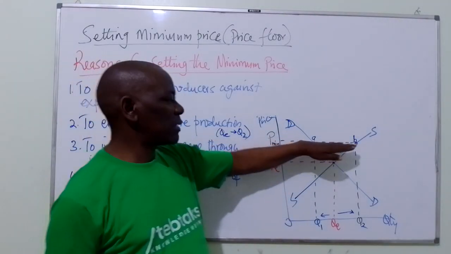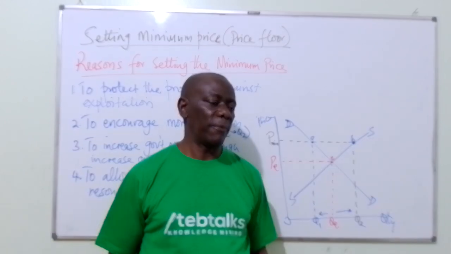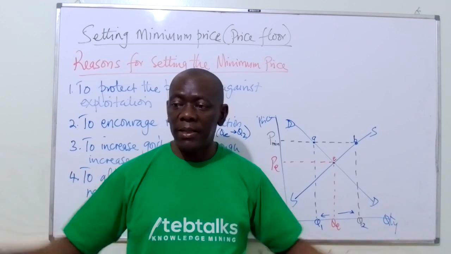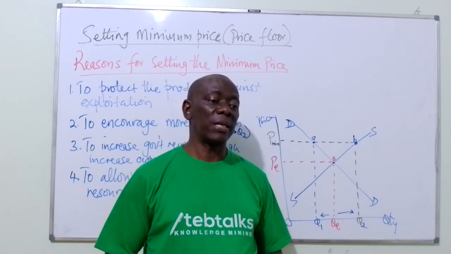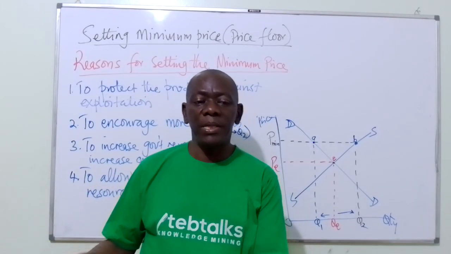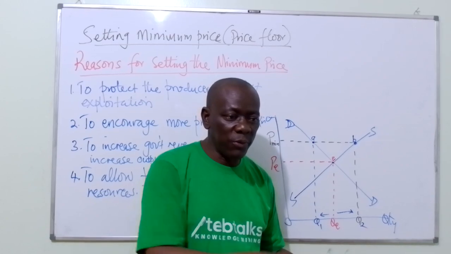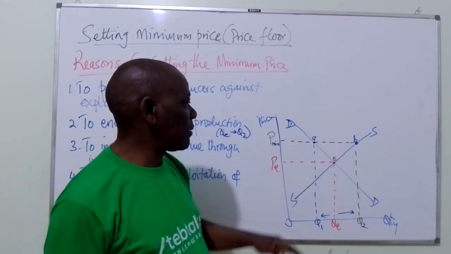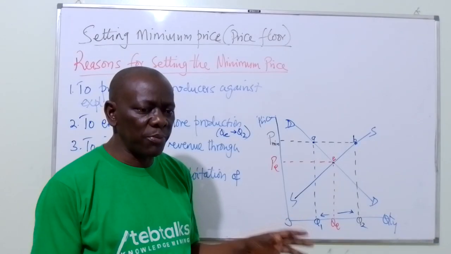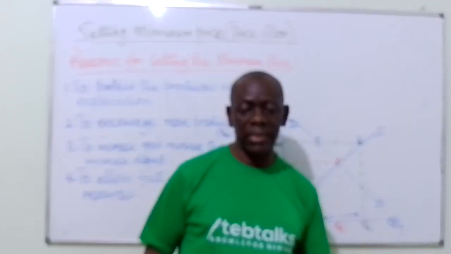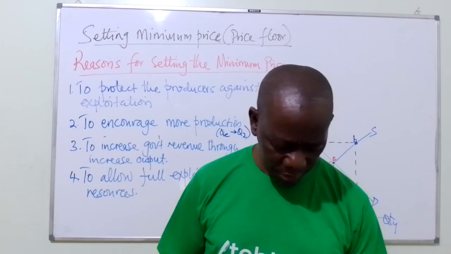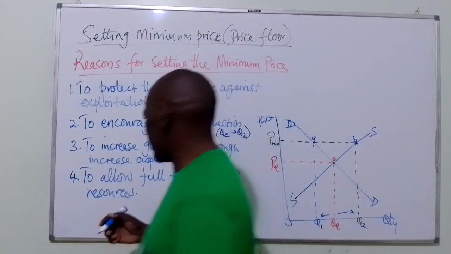Now that the price has been set at a higher level, the farmers are encouraged to clear all the land. The man is now going to clear all the 5 acres. That means he's exploiting the resources that have been left redundant because of the low prices. This equilibrium is lower. Now that the price has gone up, he makes sure that all possible resources are fully utilized. If the prices remain low, that exploitation will not be achieved.